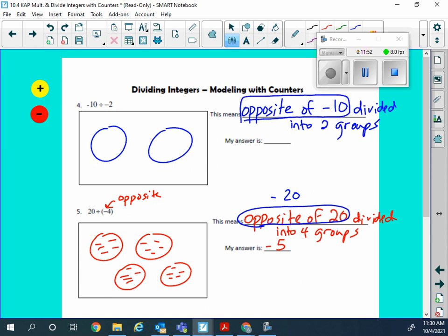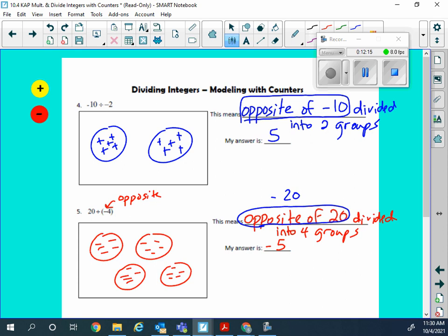Well, what's the opposite of negative 10? Positive 10. So now, how many are going to be in each group? How many? 5. Because the opposite of negative 10 is positive 10, and we're dividing it into 2 groups. And what's the answer? 5.